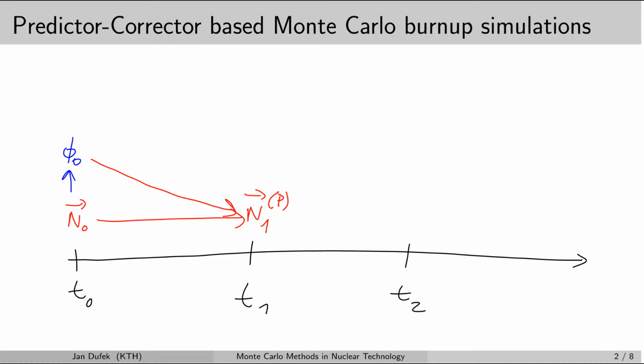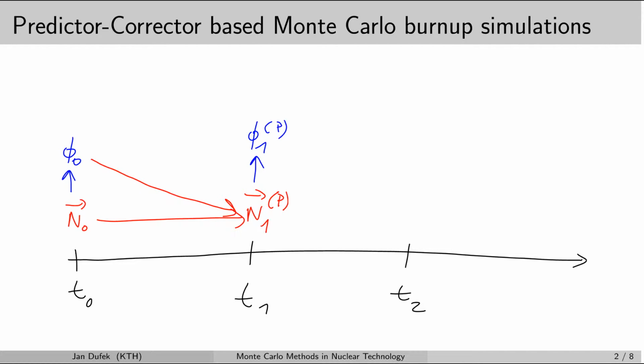This nuclide field is then used in a new Monte Carlo simulation, so the Monte Carlo solver is called again and it will return the new flux, which is called the predictor flux at time t1.